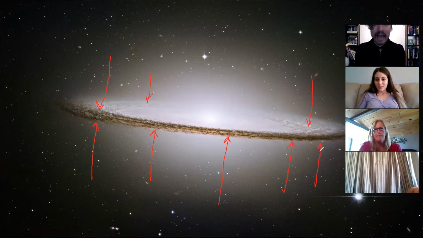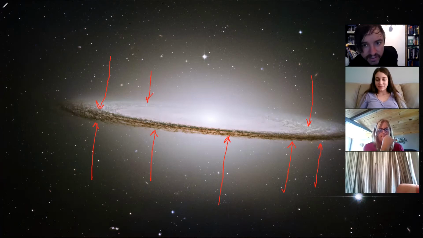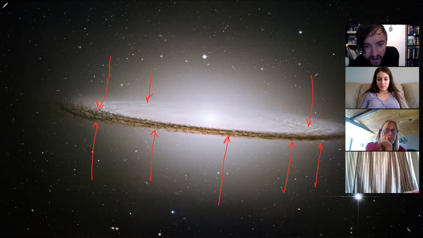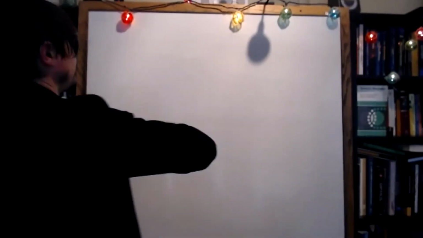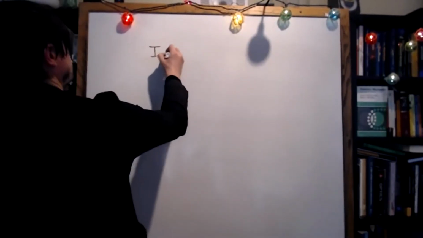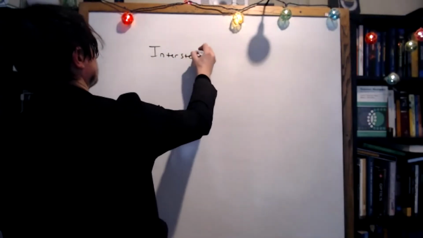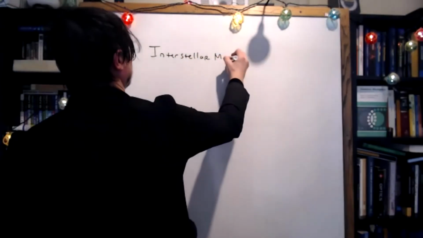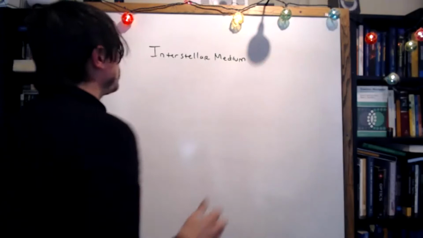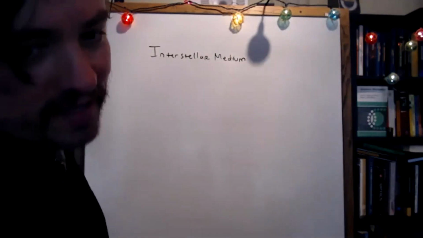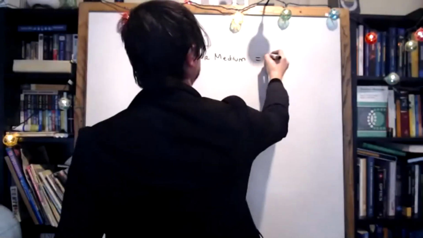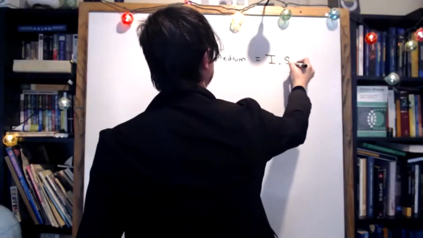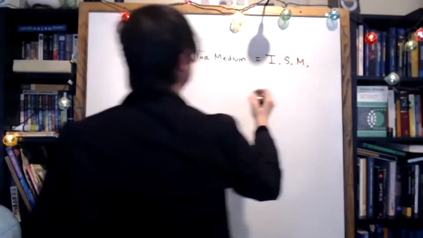All right. Anyways, let's learn about the interstellar medium. This is where stars are formed. Astronomers love acronyms, and they refer to the interstellar medium as the ISM.